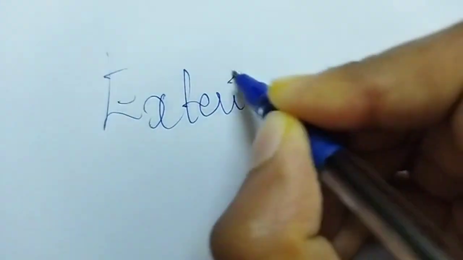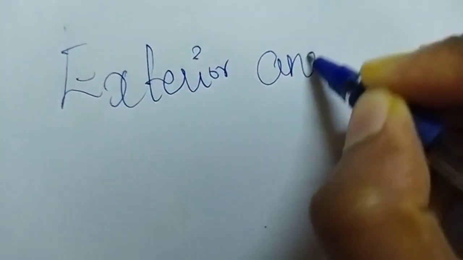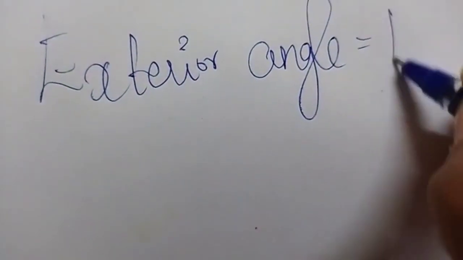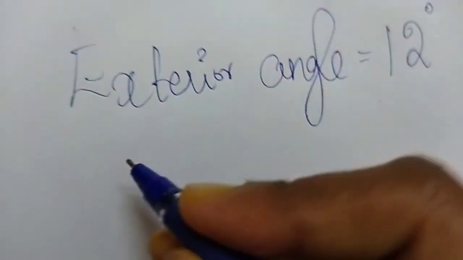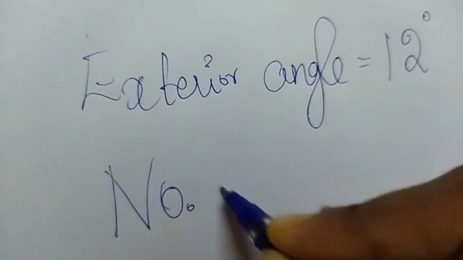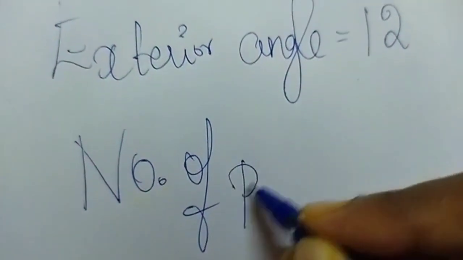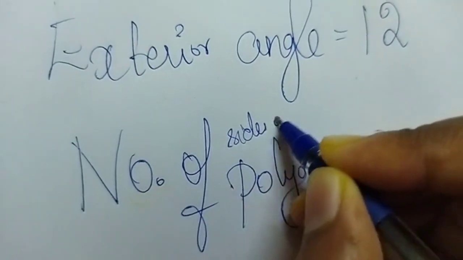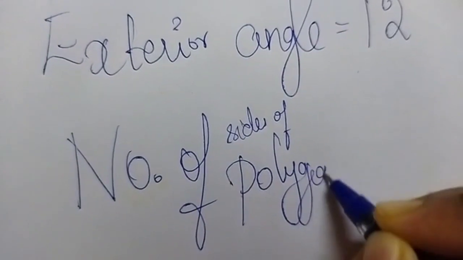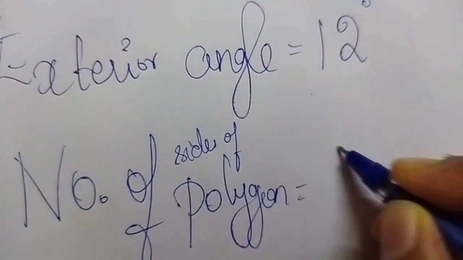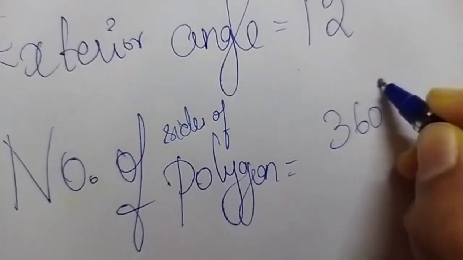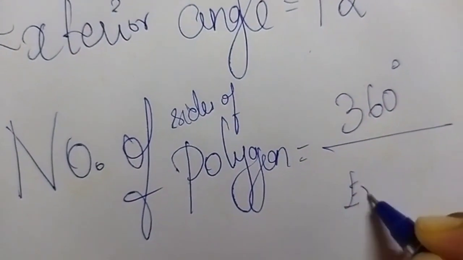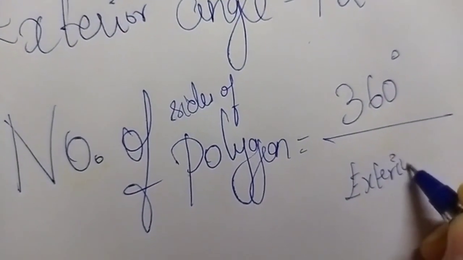Exterior angle of a polygon is given as 12 degrees. The formula to find the number of sides of a polygon is: number of sides of polygon is equal to 360 degrees divided by exterior angle. This is the formula.